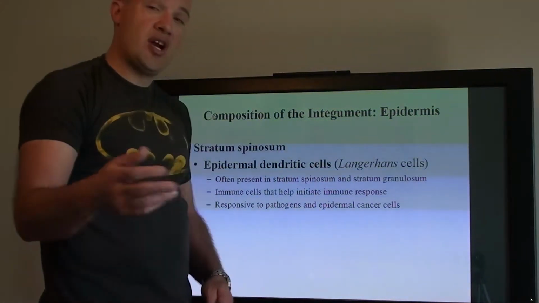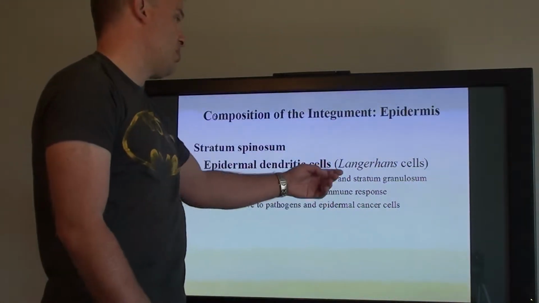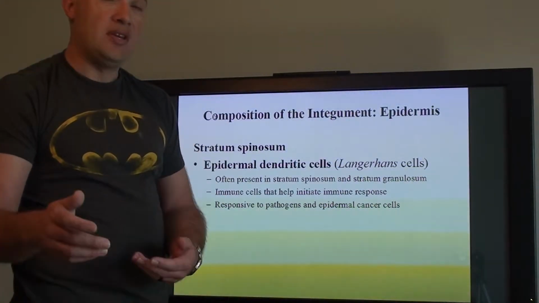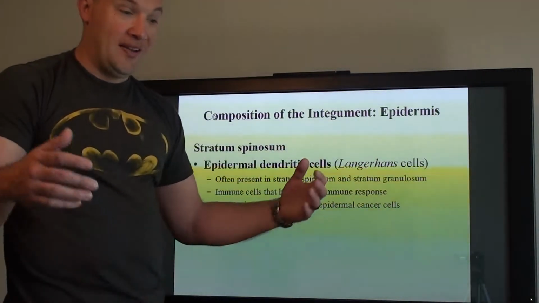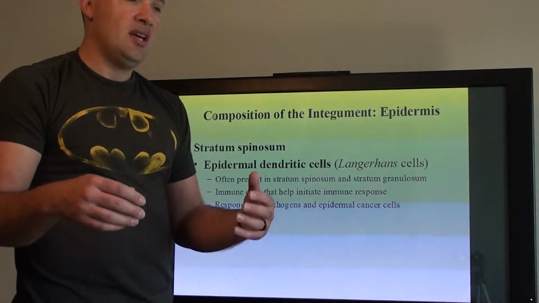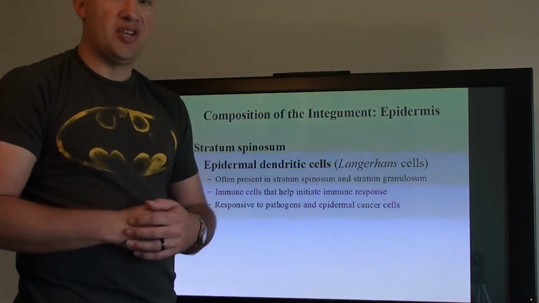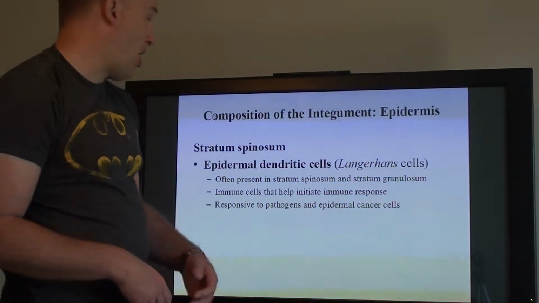Alright, also in the stratum spinosum, we find epidermal dendritic cells. They're also known as Langerhans cells. These are immune cells. So since the skin's the largest organ, it's also the barrier between the external environment and the internal environment. It's going to see a lot of potential invaders, a lot of potential foreign substances to the body.